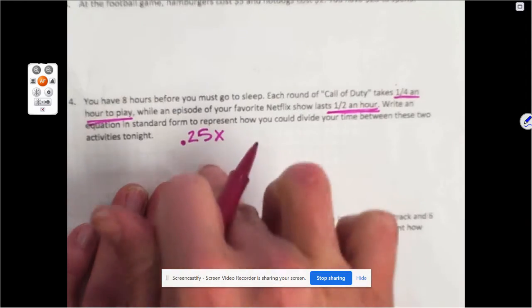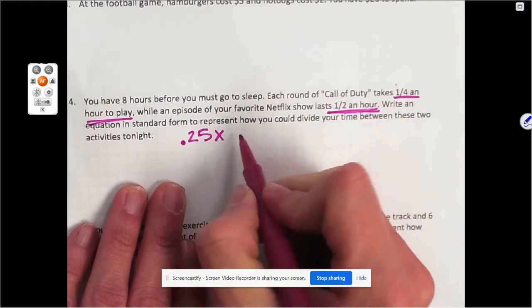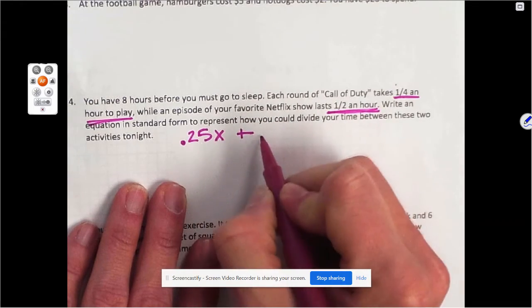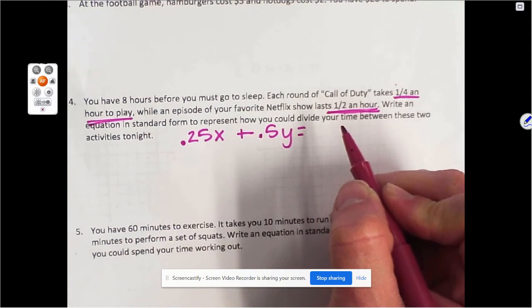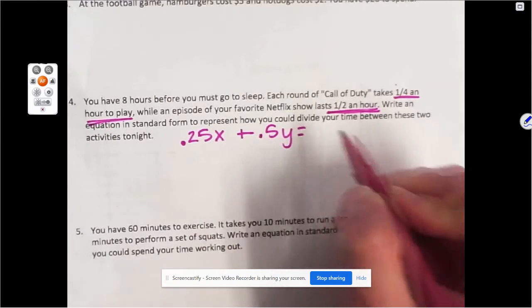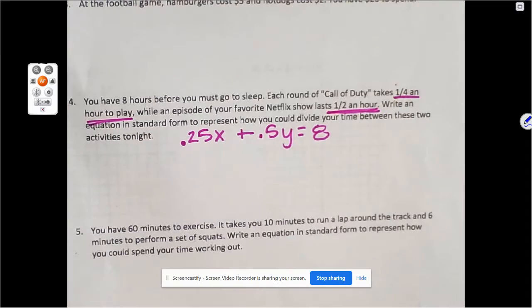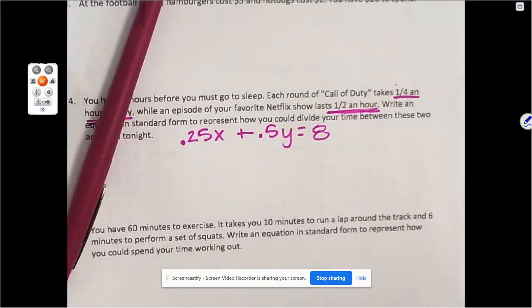You could have put 1/4. So you could have done it this way, or you could have done fractions with it. Either way would be fine.